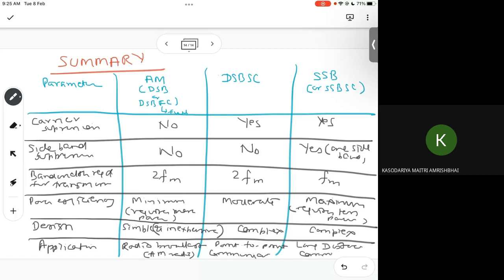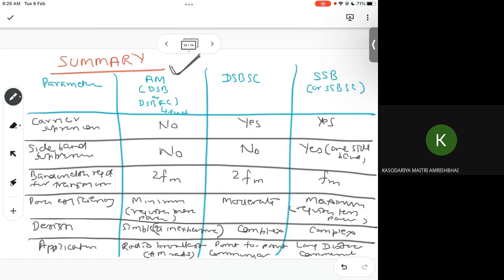But because it is not a faithful reproduction, we normally follow AM only and double sideband suppressed carrier. So that is the advantage. And AM, we have also seen, is used for two-way radio communication, like citizen band radio and so on. And single sideband is used in long-distance communication, point-to-point communication.